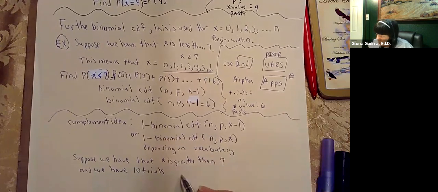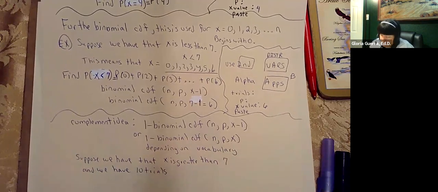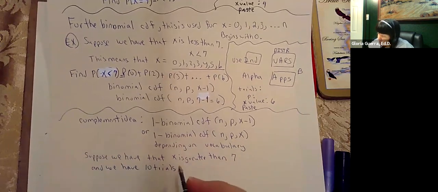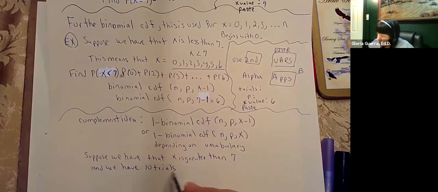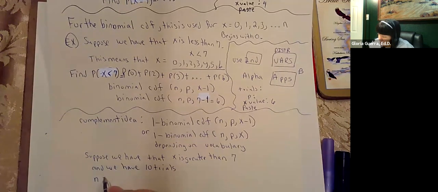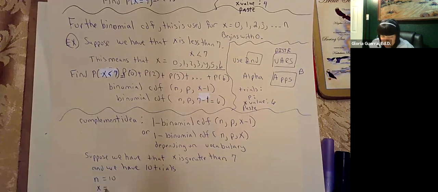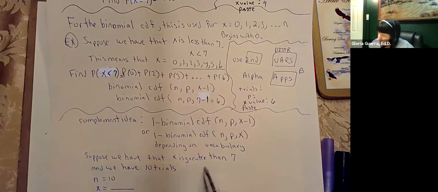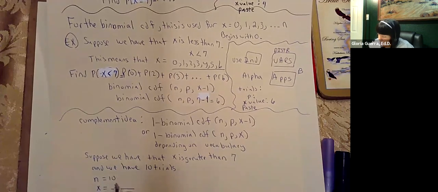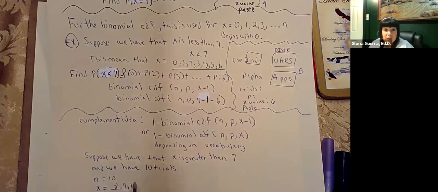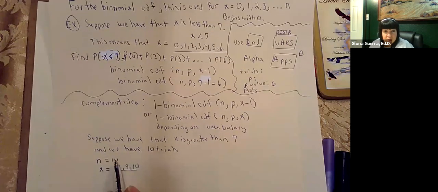Okay, greater than 7. Okay, so then that would be your n. So here n would be 10, and here greater than 7, so that would be 8, 9, and then 10. It would go up to 10 because there's 10 trials.